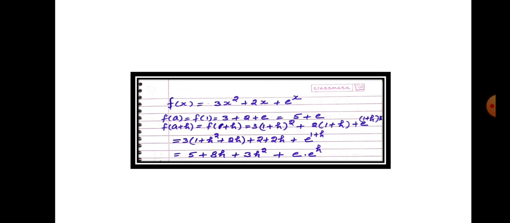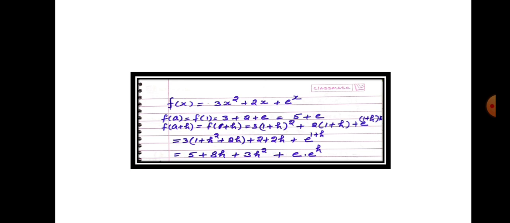Now f of a plus h is equal to f of 1 plus h is equal to 3 into 1 plus h whole square plus 2 into 1 plus h plus e raised to power 1 plus h. So on calculating we get 5 plus 8h plus 3h square plus e into e raised to power h.